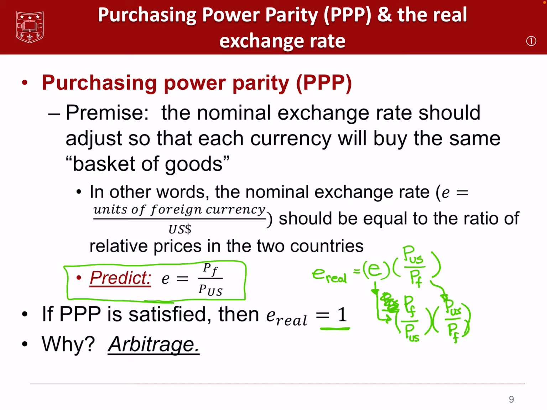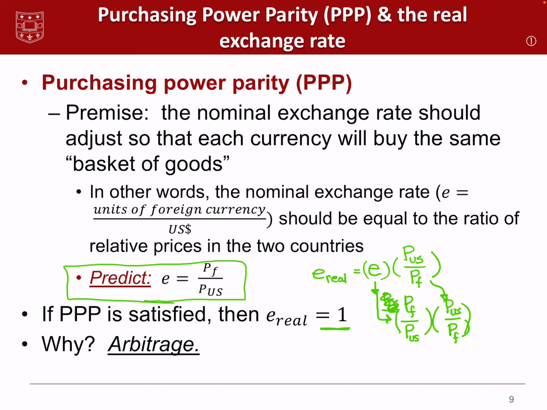So, for example, suppose we just talk about potatoes before we go back to talking about steel. If we were going to think about potatoes, we could imagine there are potatoes in Ireland and there are potatoes in Idaho. Suppose that the price of Irish potatoes is relatively low compared to the price of Idaho potatoes. Well, what an enterprising person would do would be to go to Ireland, buy potatoes where the price of potatoes is low, and bring them to Idaho where the price of potatoes is relatively high.